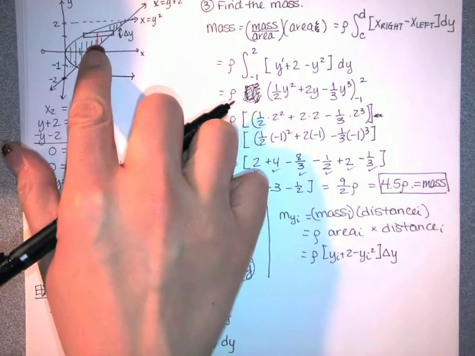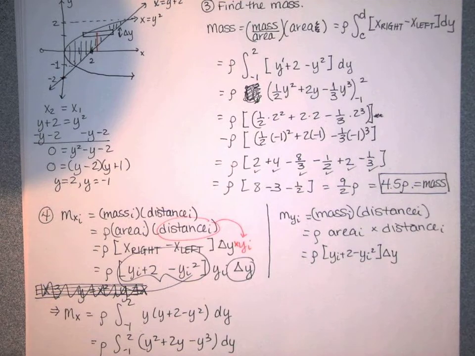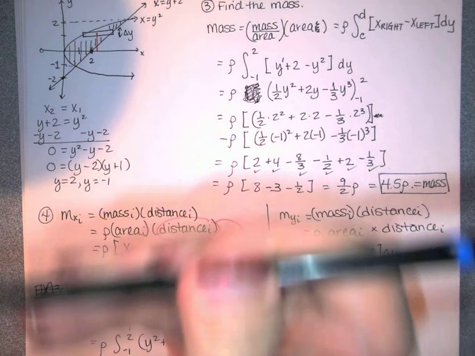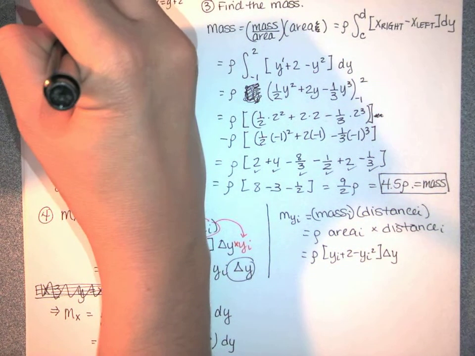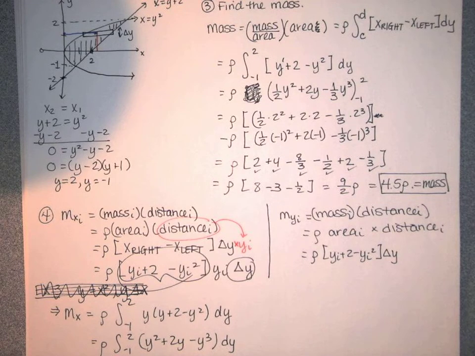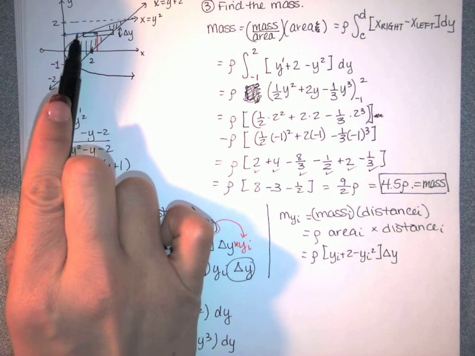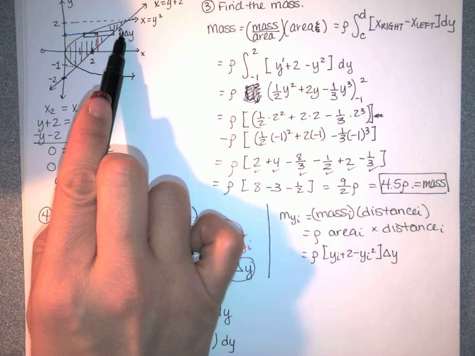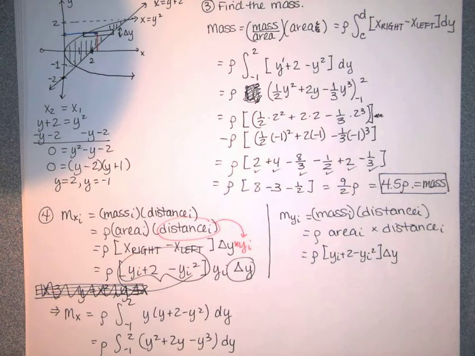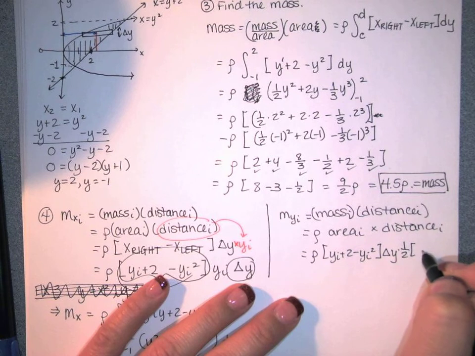It's the area of that little rectangle: right minus left times the width. Then the distance to the y-axis is that distance there. It is an x value, but notice what it is. It's the average x value, the x value in between the x value on the left and the x value on the right. So the average x value is 1/2 of x on the right plus x on the left.